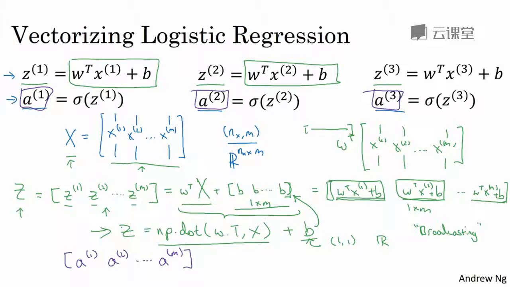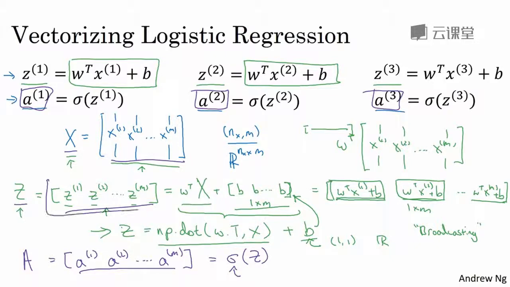And just as stacking lowercase x's resulted in capital X, and stacking lowercase z's results in capital Z, stacking lowercase a's is going to result in a new variable which I'm going to define as capital A. And in the programming assignment, you see how to implement a vector-valued sigmoid function so that the sigmoid function inputs this capital Z as a variable and very efficiently outputs capital A. So you see the details of that in the programming assignment.